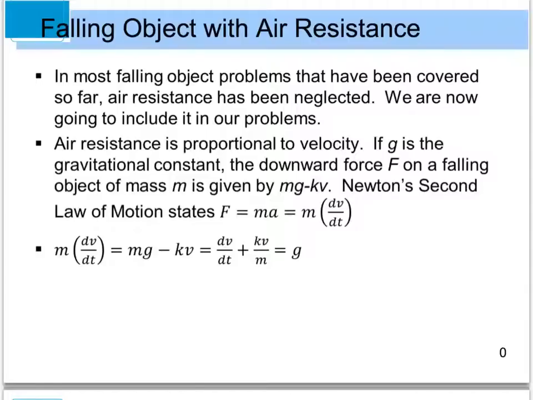Now Newton's second law of motion states that our force is equal to mass times acceleration, and we know from previous sections that acceleration is really the derivative of velocity with respect to time.